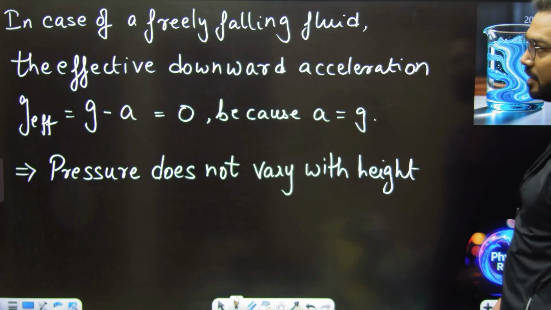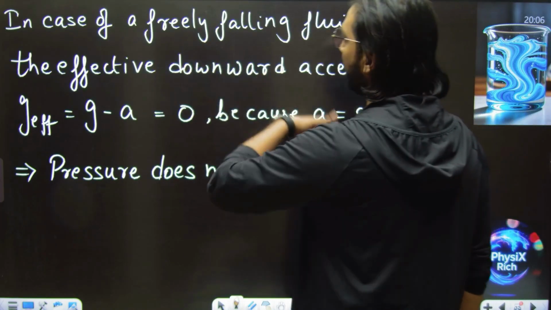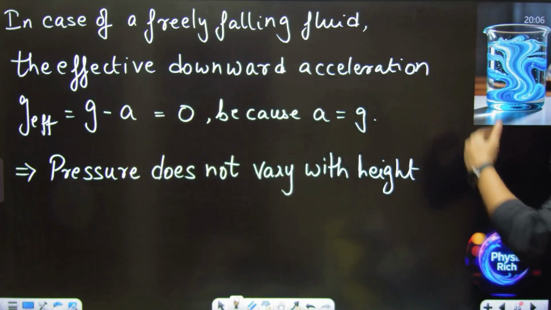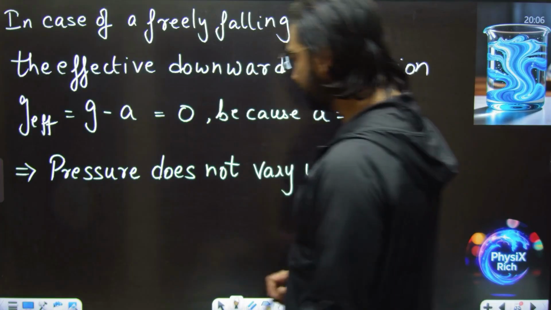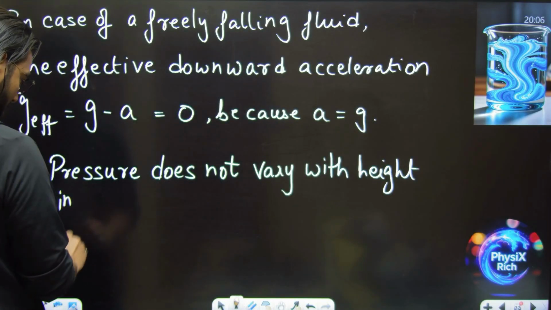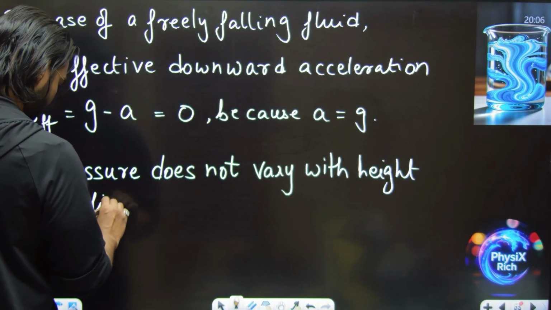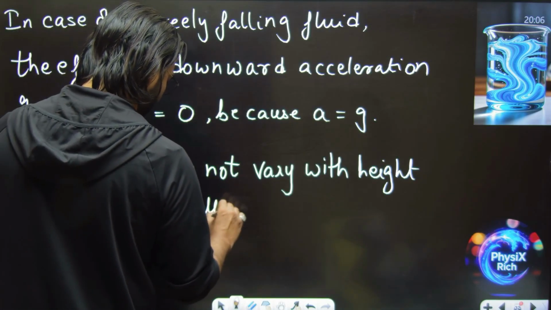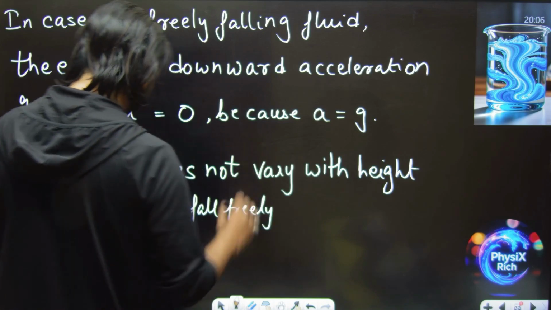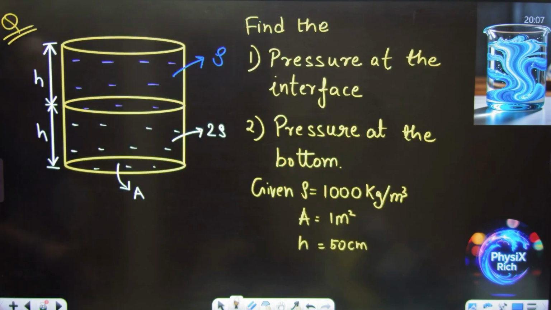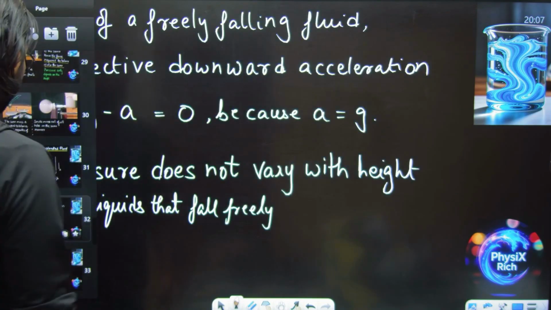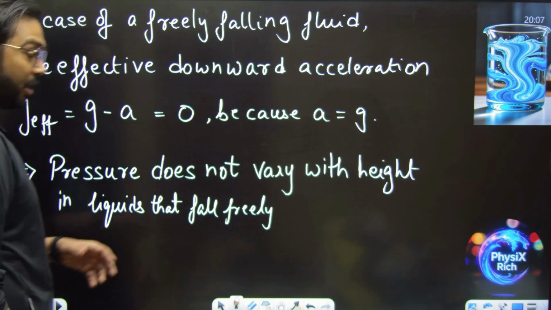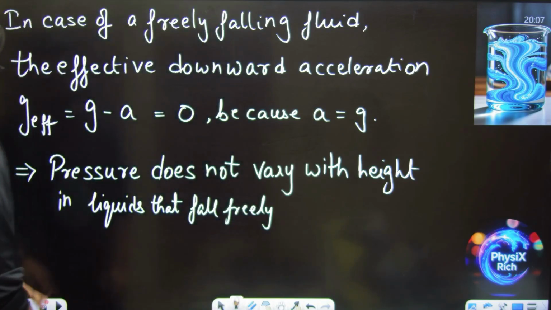Now this is again very fascinating: if I have a freely falling fluid, then the effective downward acceleration will become 0, and that's why pressure does not vary with height in liquids that fall freely. Check this out.